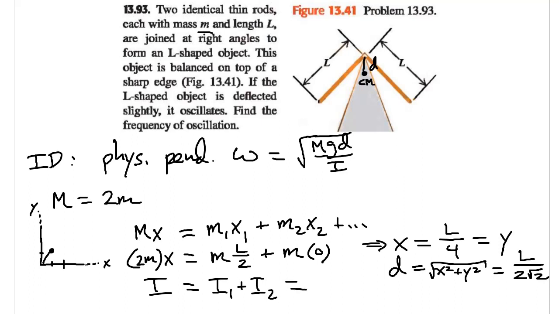These are both rods pivoted at their endpoint, and so they each have an inertia which is 1/3 ml squared. So I add both of them up and I get 2/3 ml squared. And there it is, that's my inertia, that goes here. And then we plug all three of those pieces in to get the frequency of this physical pendulum.